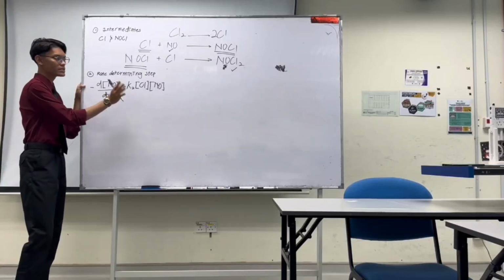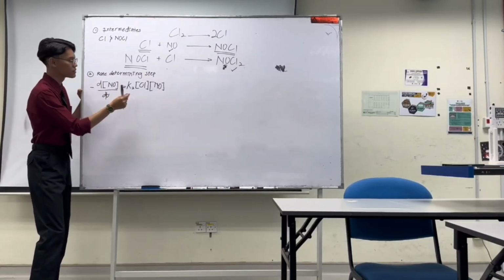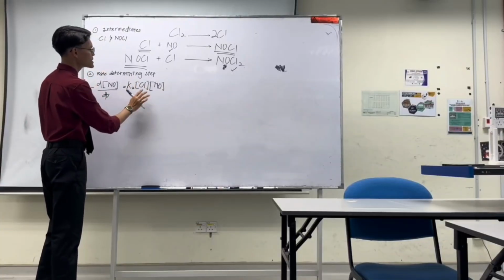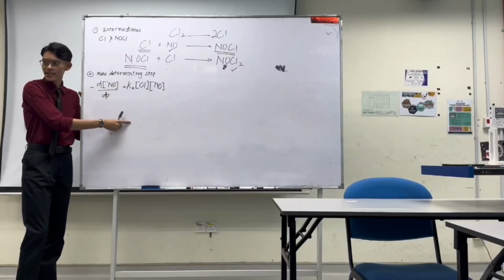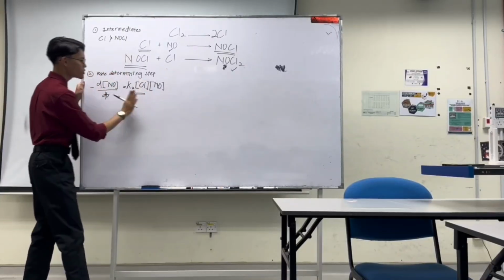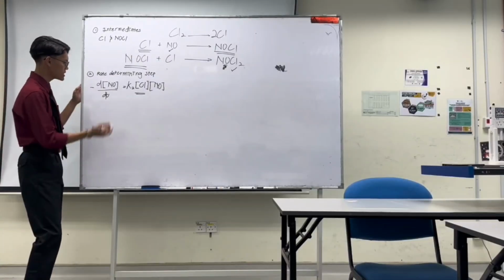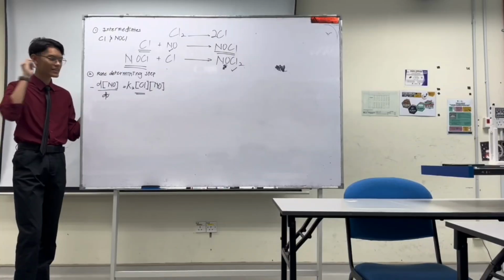After that, we look at our rate law. This one, Cl and NO, intermediates exist, right? This one, Cl. Cl is the intermediate. So from this, we go to the next step, which is the steady state approximation theory.